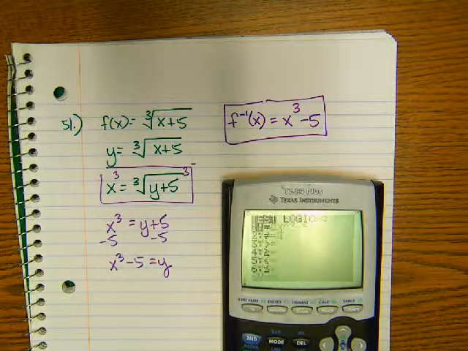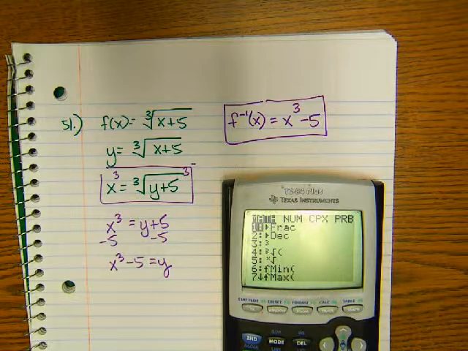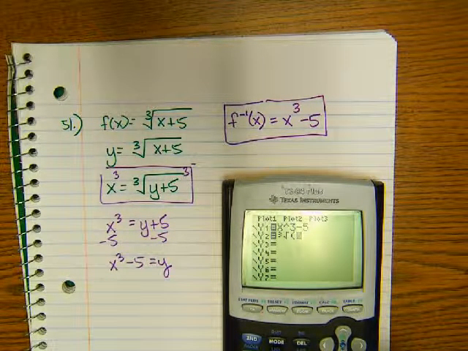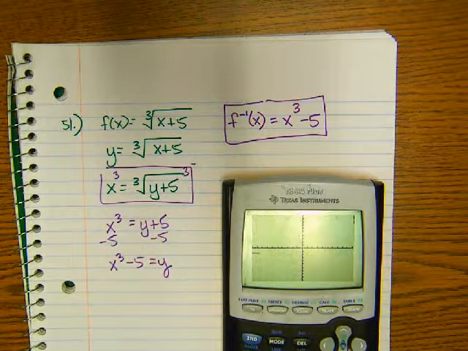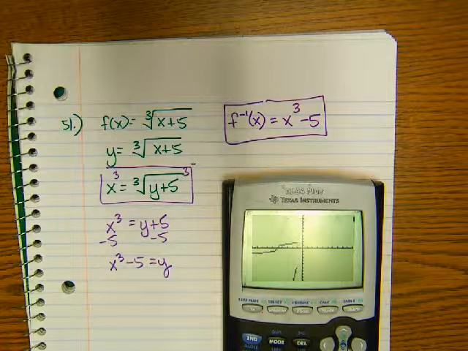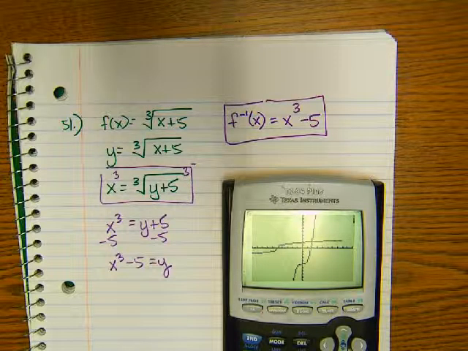It's right there. X plus 5. And you should be able to see that they look like they are, you see that? If I could even graph the line y equals x, hopefully you see that they are reflections of one another over that line.